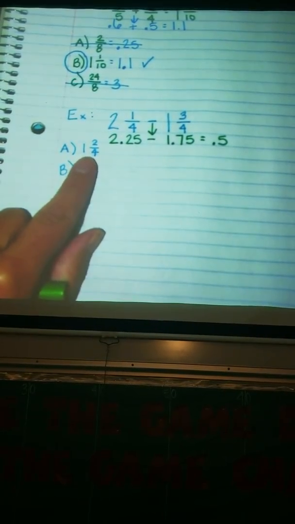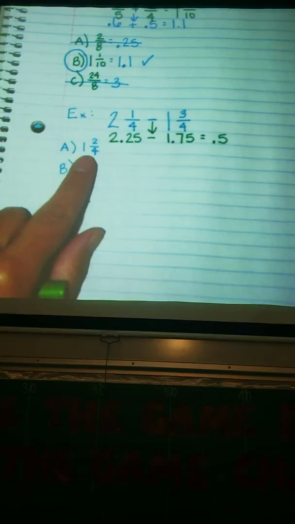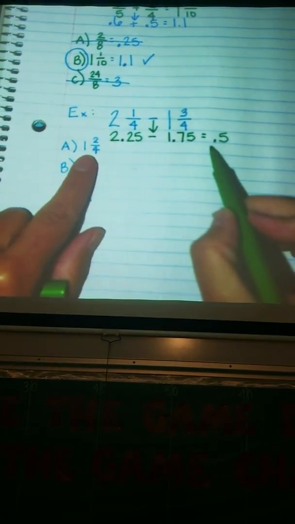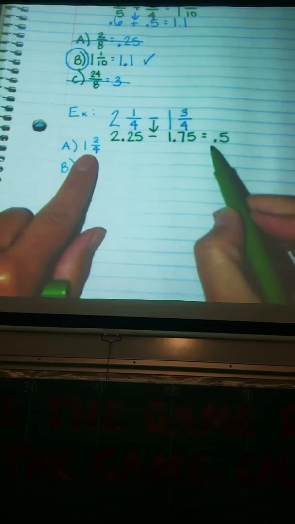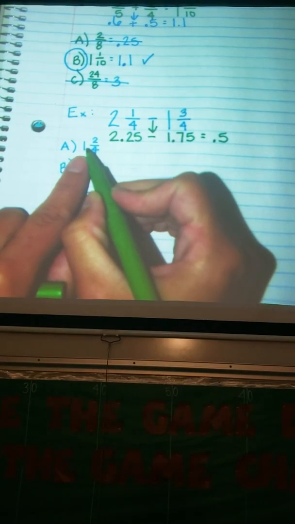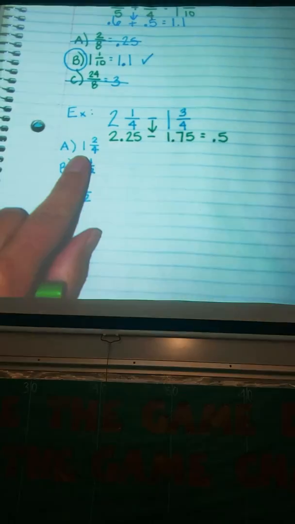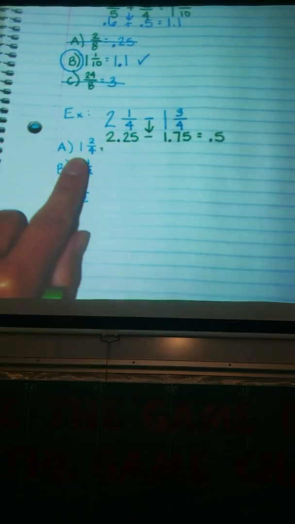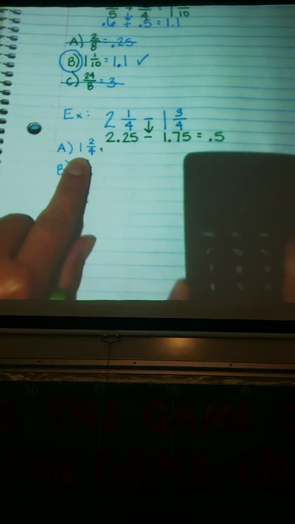Answer choice A, and I see that it starts with a 1. Does our answer have a whole number with it? No, it doesn't have a whole number with it. So you could do a process of elimination and know that this is not the answer. For our example purposes, I'm going to go ahead and convert it because the more practice we have, the better we're going to be at this.